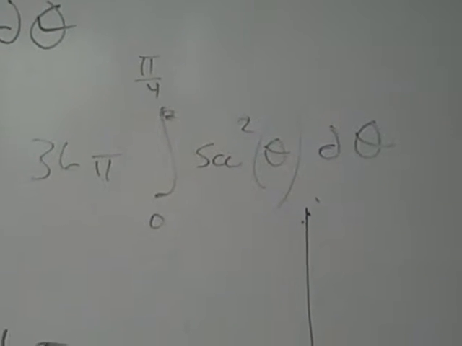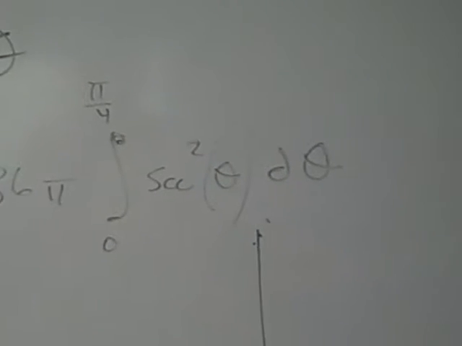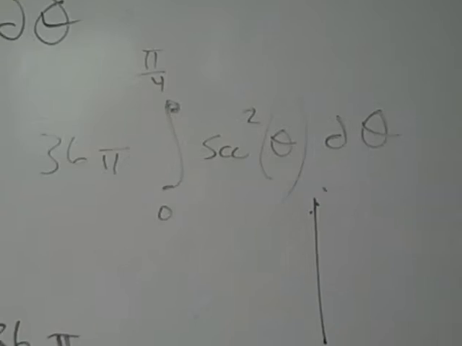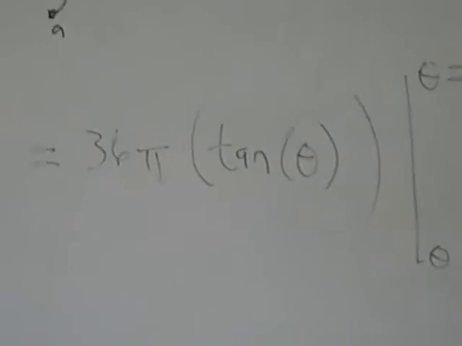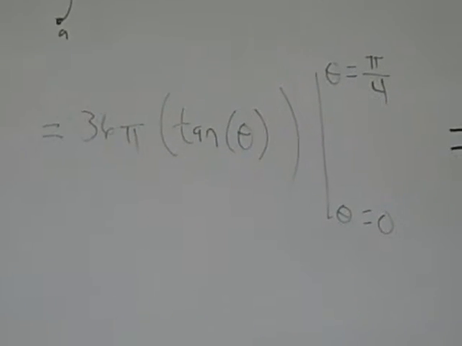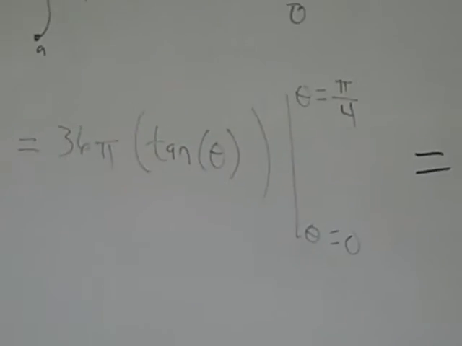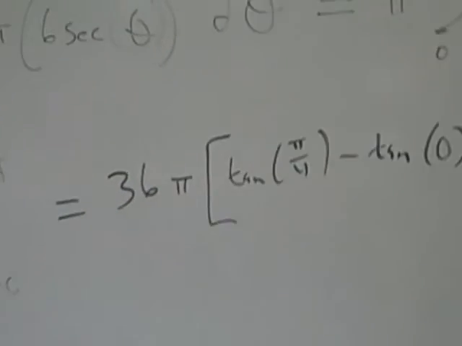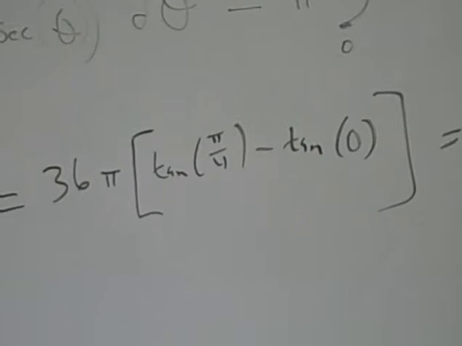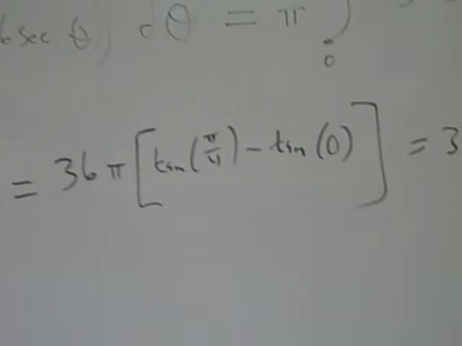Just the secant squared. Now we know what the integral of secant squared is. It's the tan of theta, the antiderivative of the sec squared, along our lower and upper bound. So there's that. And so we got 36 pi times the tan of the upper bound minus the tan of the lower bound inside parentheses or brackets.